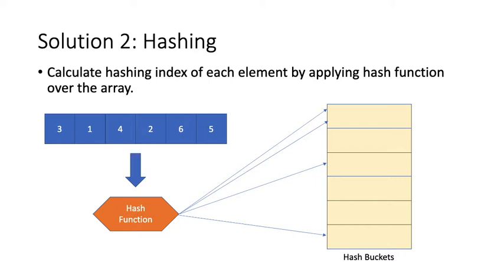Hashing is used in some of the data structures that maintain uniqueness of data, like hash map, hash table, or hash set, etc. So we can use this feature of hashing in order to estimate the distinctness.